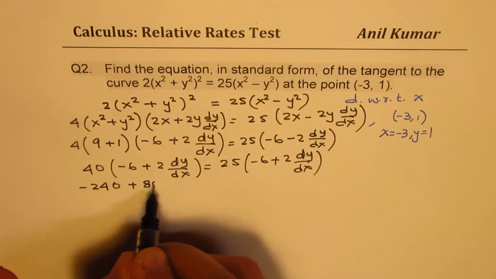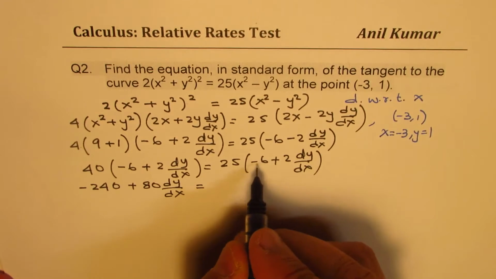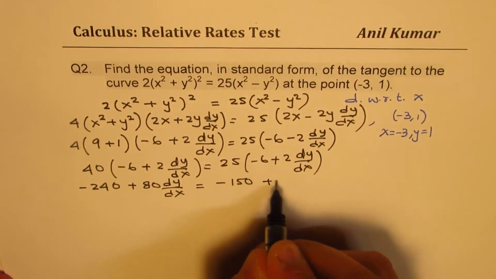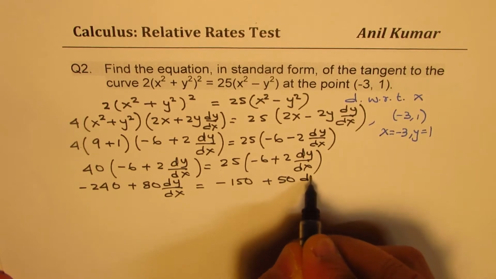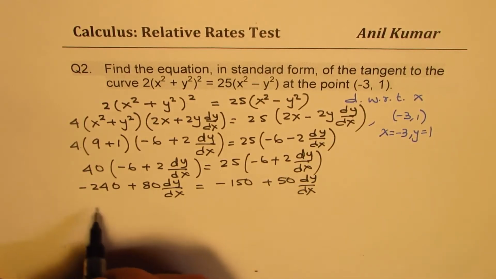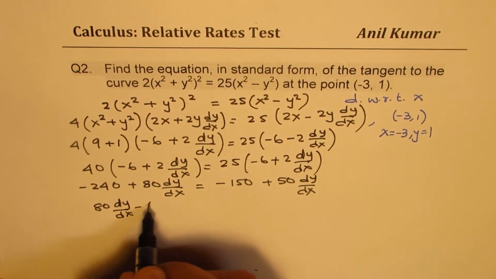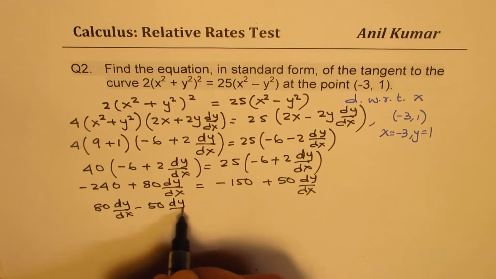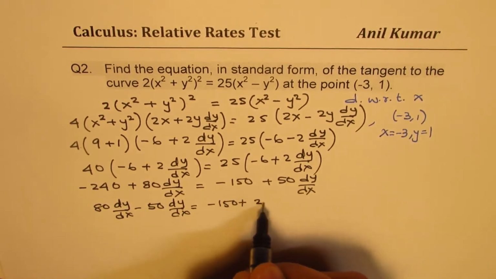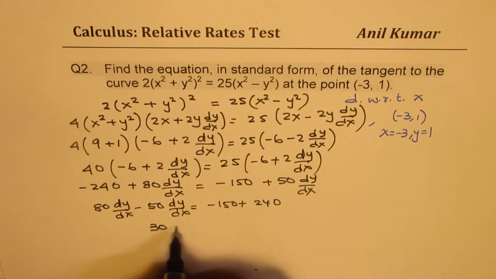Then we have plus 80 dy/dx equals -150, and this is plus 50 dy/dx. Bringing dy/dx together, we get 80 dy/dx minus 50 dy/dx equals -150 plus 240, correct?